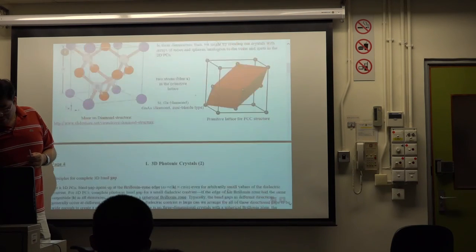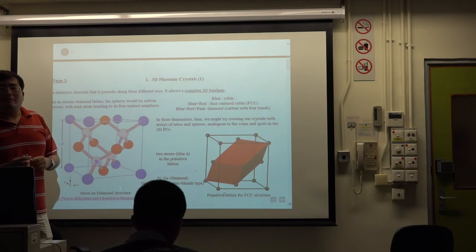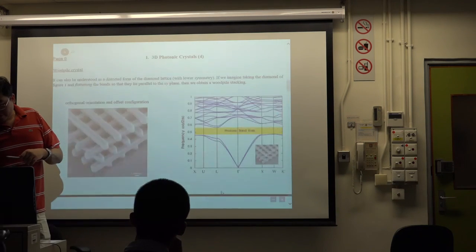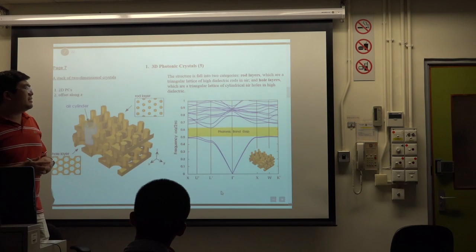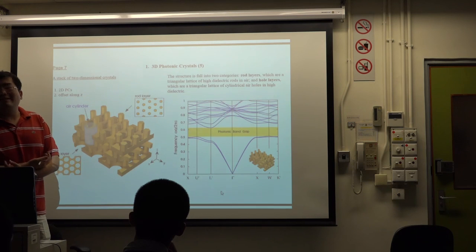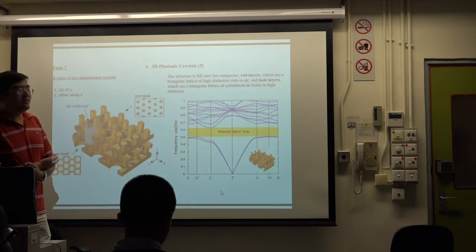I think everyone should remember this diamond structure. This is very important. Let me go on. For a typical structure to fulfill a complete 3D photonic band gap, at that time it was not easy. It's a difficult task to get a complete band gap.